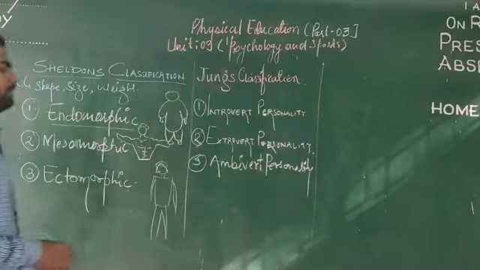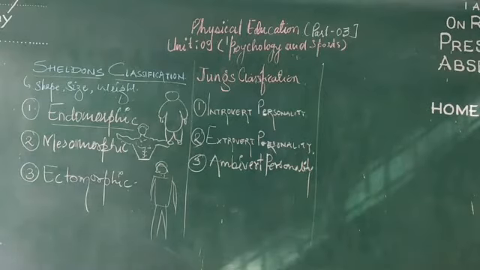Introvert, extrovert, and now ambivert too. Let's have a glance at it, and we should understand it perfectly because it is important to learn. Otherwise, we will get a problem in the board exams, right? So let's learn about the first thing.